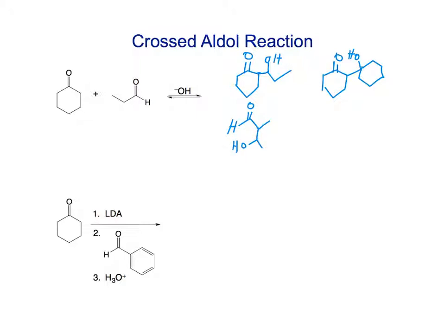So I might think that something like this might be our biggest product. But that's a possibility. The fourth possibility is the enolate from the aldehyde reacting with the ketone to give us this product.